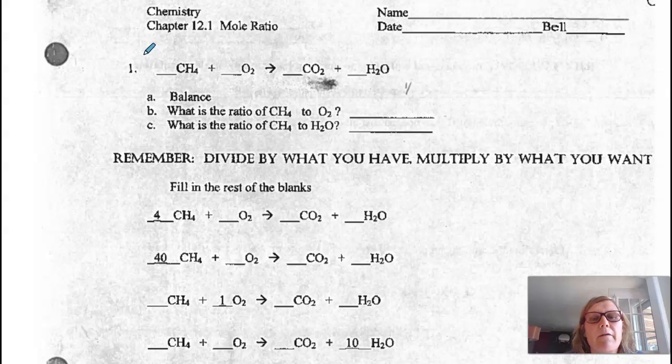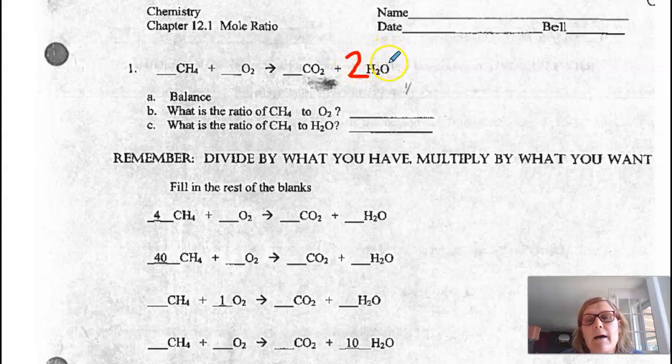If you look at the equation, you have one carbon on both sides, so it's balanced. You have 4 hydrogens on the left and 2 hydrogens on the right. So I'm going to use my smart pen and put a coefficient of 2 over here, so now I have 4 hydrogens.